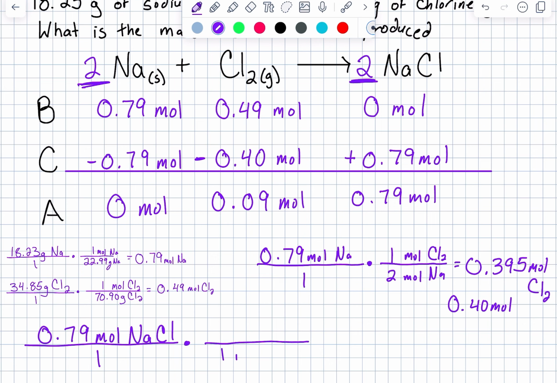So for every 1 mole of sodium chloride, I have 58.44 grams of sodium chloride.